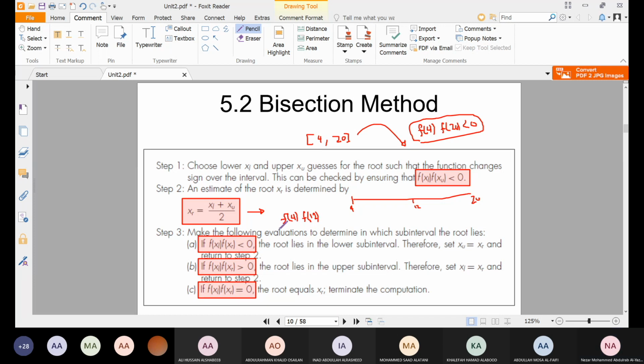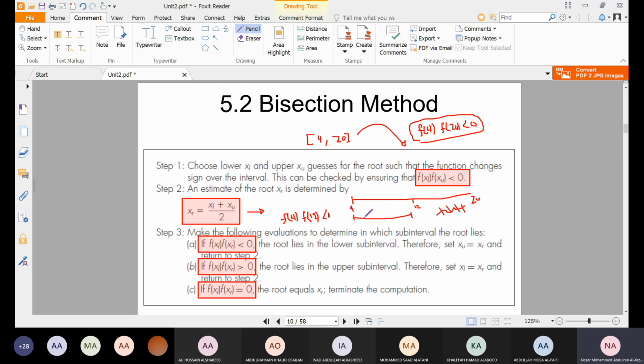If this is, let's put it generally, less than 0, that means the root I'm looking for is located between these two, here. And I will ignore the upper interval. I will consider only the lower interval.